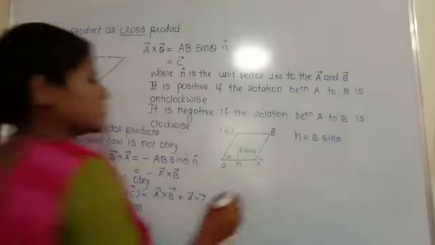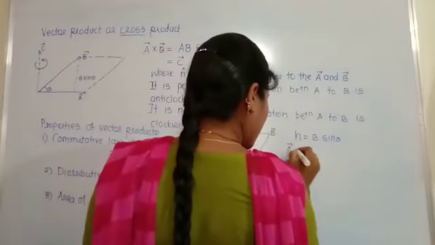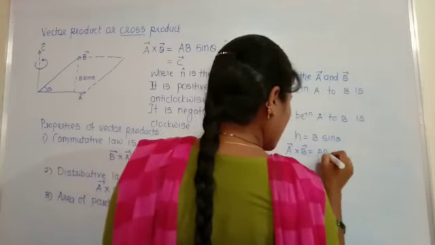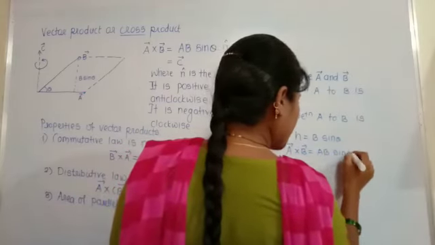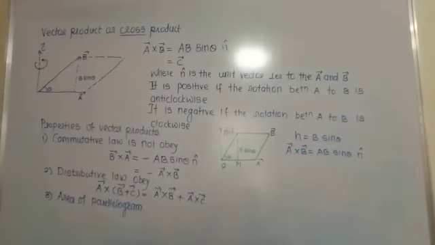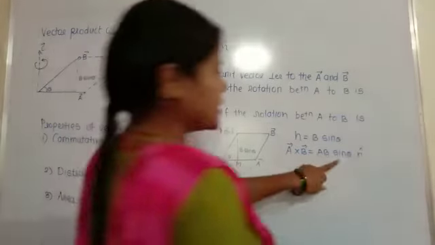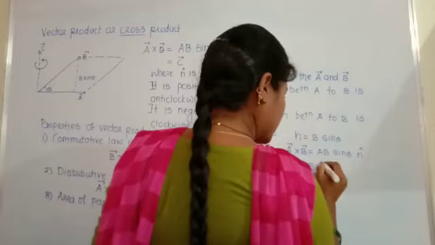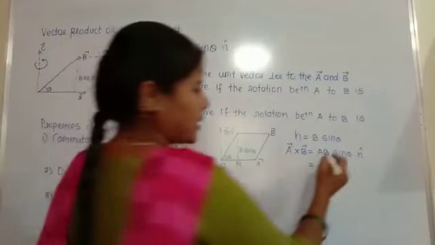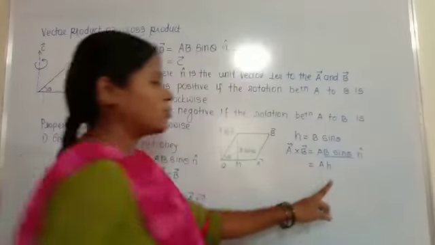And if we apply the vector product, vector A cross vector B is equal to AB sin theta into unit vector N. So this B sin theta is nothing but h, the height of the parallelogram.